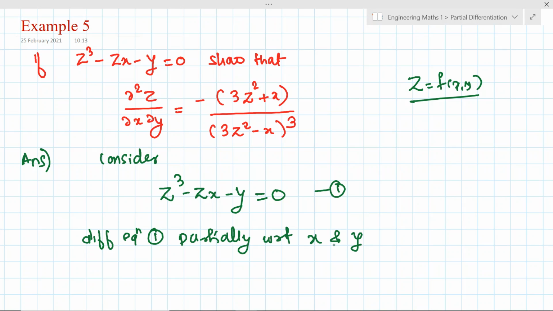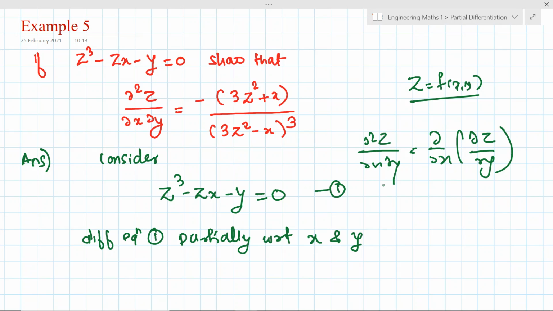Why are we differentiating with respect to x? Because we want ∂²z/∂x∂y. If we apply ∂/∂x of ∂z/∂y, what we get is ∂²z/∂x∂y. So we need ∂z/∂y, and also ∂z/∂x. Let us find out those values.